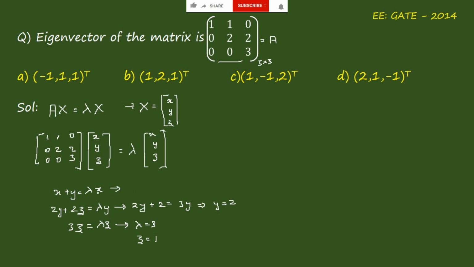Now coming to here, x plus 2 is equal to 3x, which implies 2x is equal to 2, which implies x is equal to 1, right? So we got a matrix with x is 1, y is 2, and z is 1, right? And when you do the transpose of this, it becomes 1 2 1. So it goes with option B.